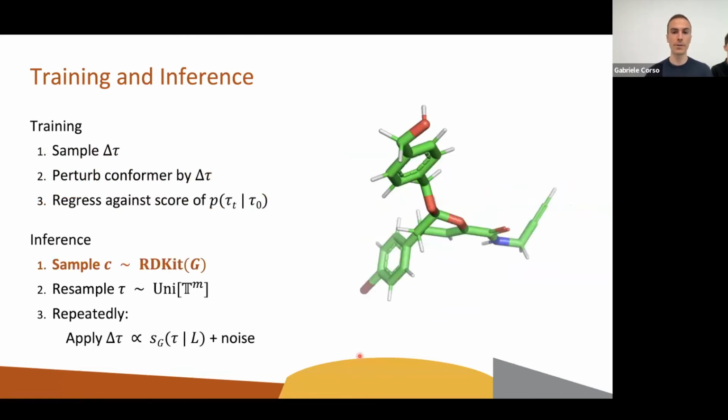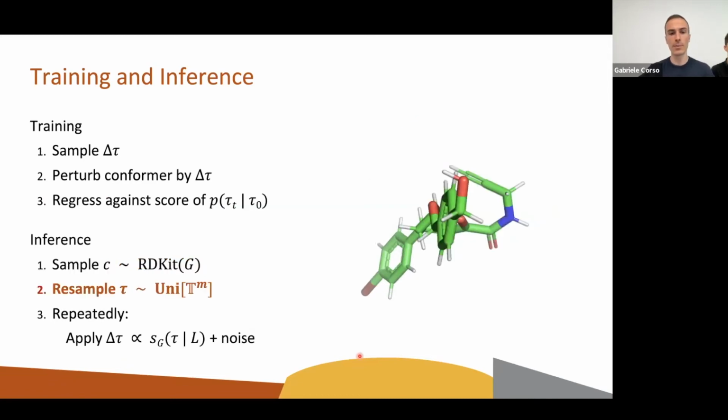And so at inference time, instead, we start from a conformer from RDKit in order to get our local structures. But in order to get local structures with random torsion angles, we sample a perturbation for every torsion angle, and this perturbation is going to be uniform over the torus, and so we apply it to every torsion angle.